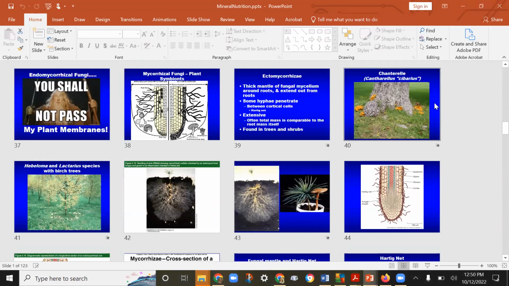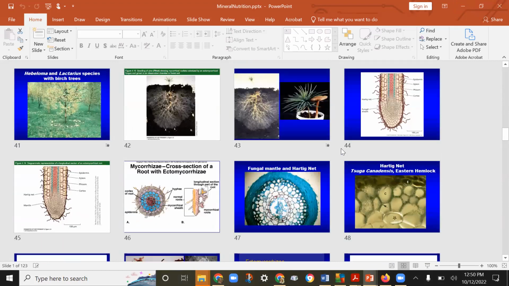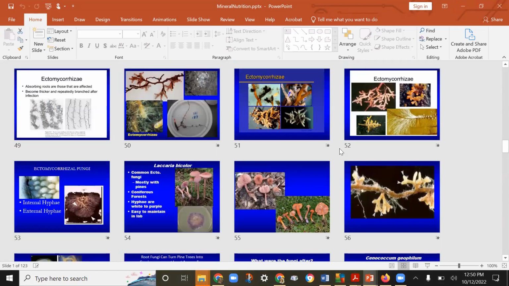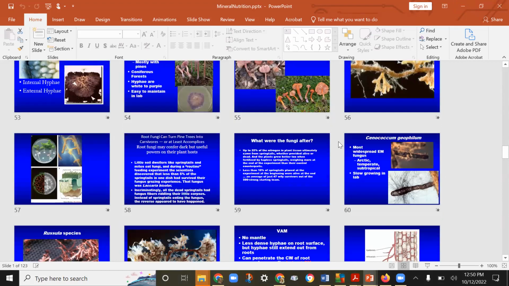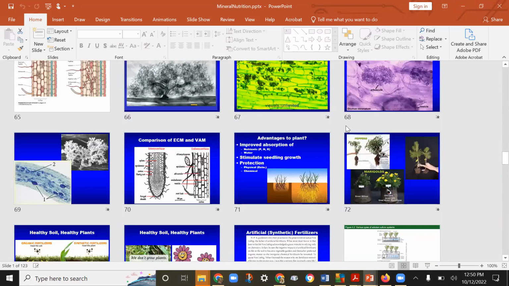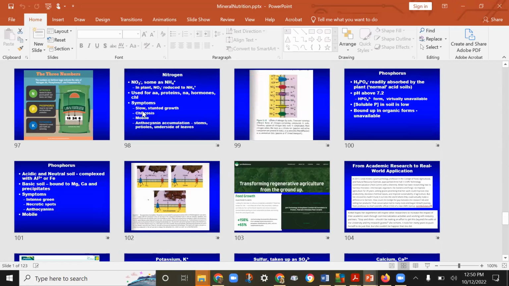I did say, when you're learning this material, a good way to learn it more deeply is compare and contrast. What's similar between the ectomycorrhizal fungi and the endomycorrhizal or VAM fungi? What's different? So I think that's a good way to study it. And then the minerals, table 4.2, and some of the other information, like the nitrogen, phosphorus.